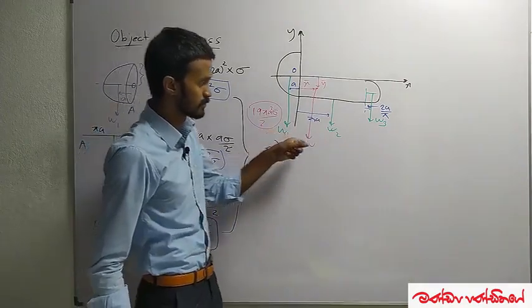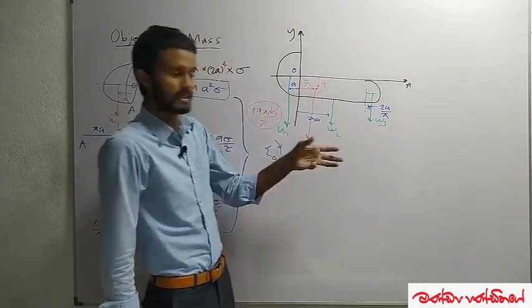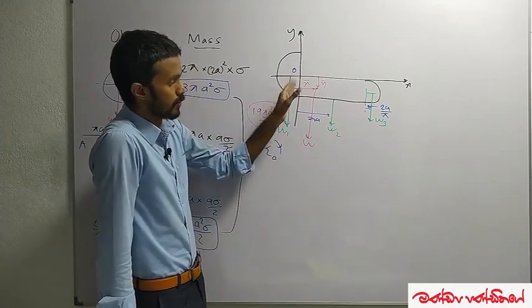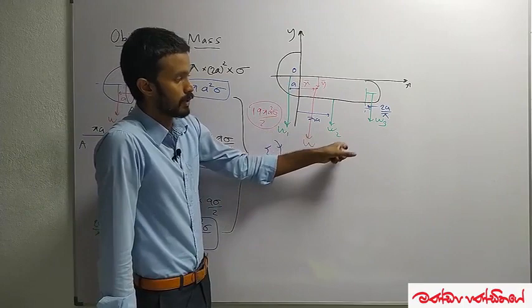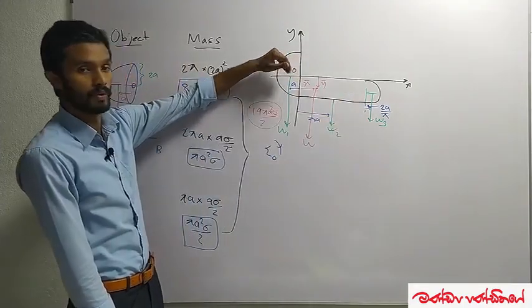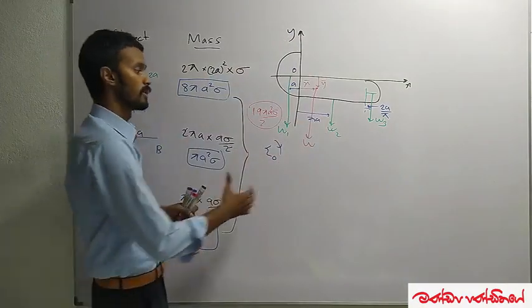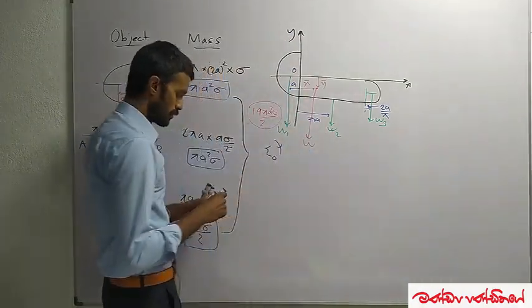So W1, W2 and W3 are the three forces, and W is the resultant, which means the moments of W1, W2 and W3 around O are equal to the moment of W around O.